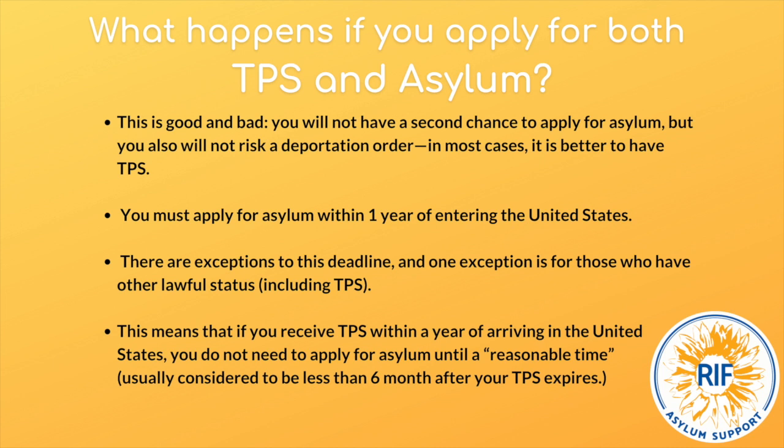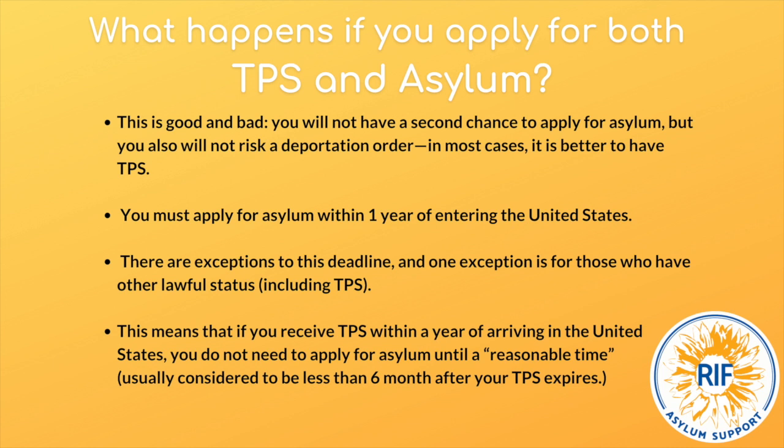For asylum, don't forget you need to apply within 1 year of entering the United States. But there are also exceptions to this deadline. And one exception is that if you have TPS, then you don't have to worry about this 1 year deadline.